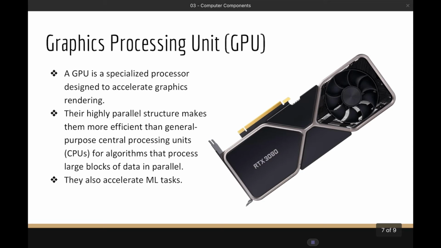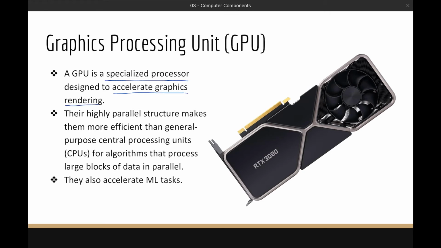Next we have the graphics processing unit. Not all computers have them, but some do. Actually quite a few do. The GPU or graphics processing unit is a specialized processor that has been designed to accelerate graphics rendering.